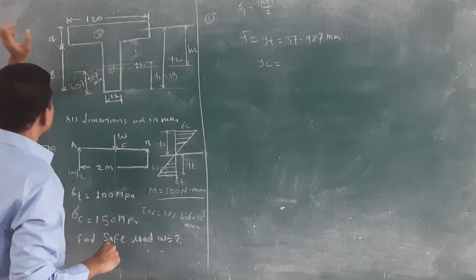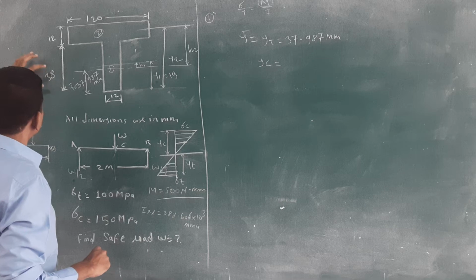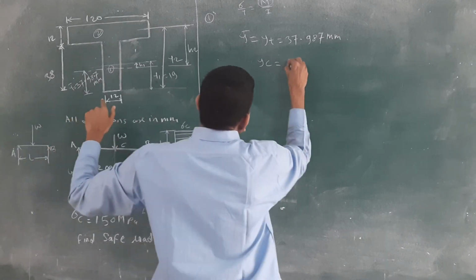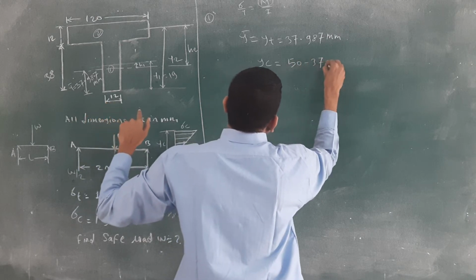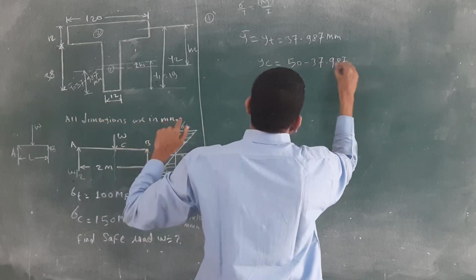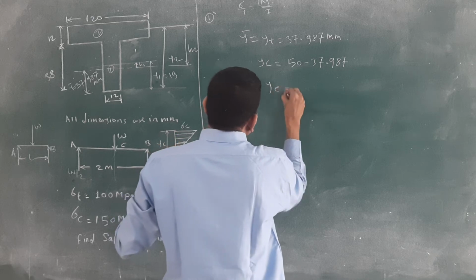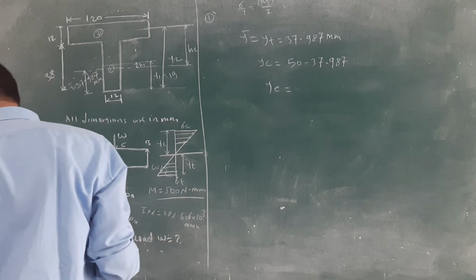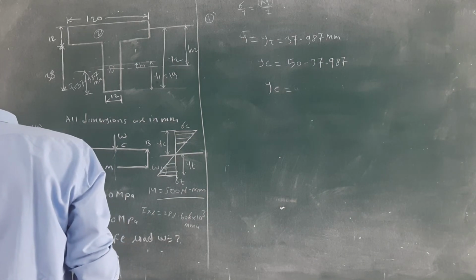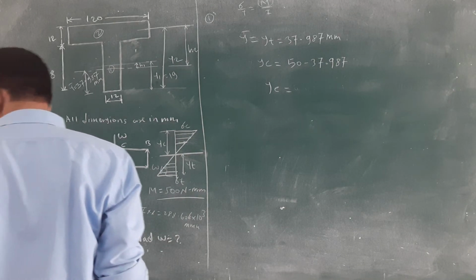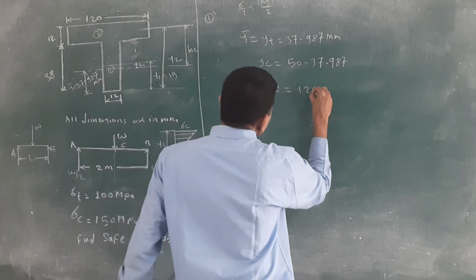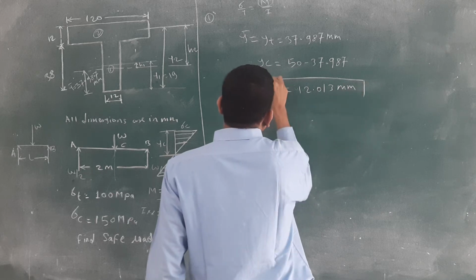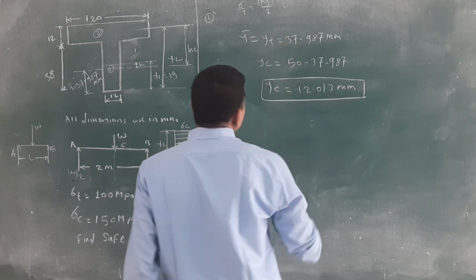This remaining value is YC. The total depth is 38 plus 12, you will get 50, means 60 minus 37.987 mm. Check that value. YC is equal to 12.013 mm. Remember these two values.